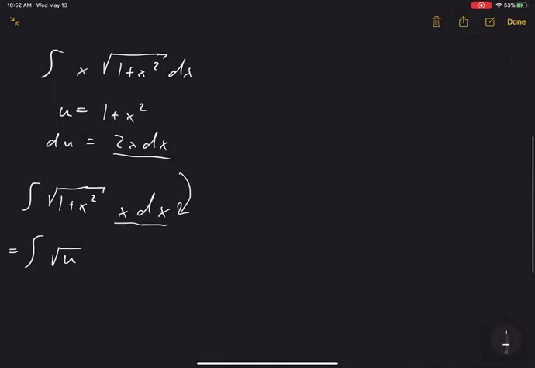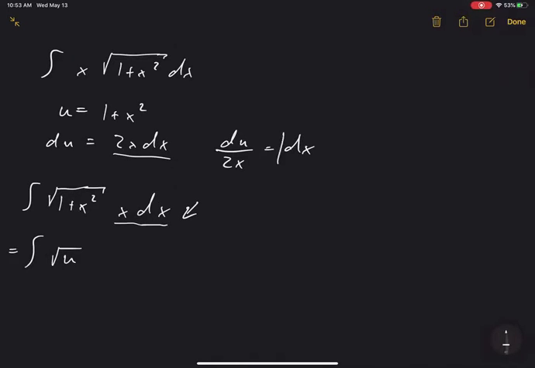Well, maybe it's clear that we have 1/2 du, but my third step really saves us some critical thinking. It makes the thought process a little bit easier. So I get dx by itself by dividing both sides by 2x. And then I don't have to use any hard logic here to figure out what my substitution is.